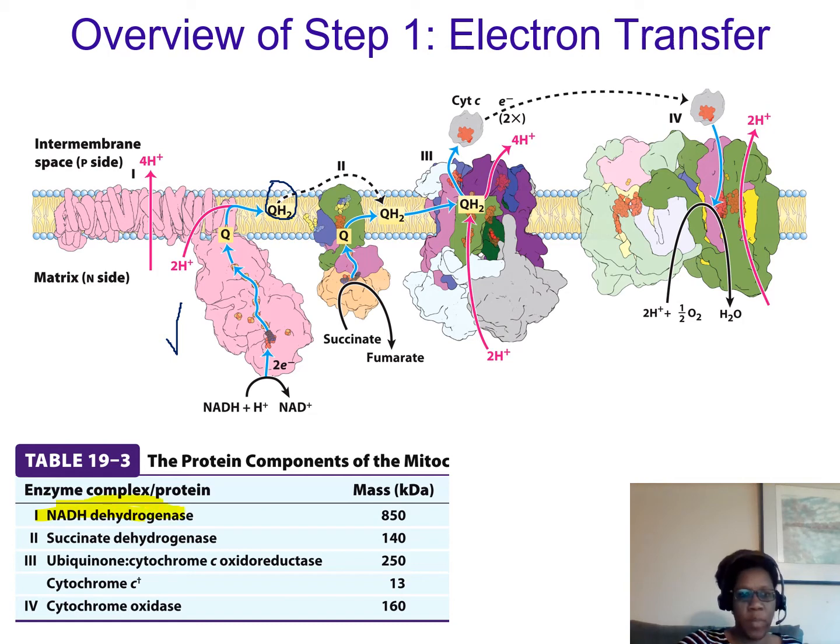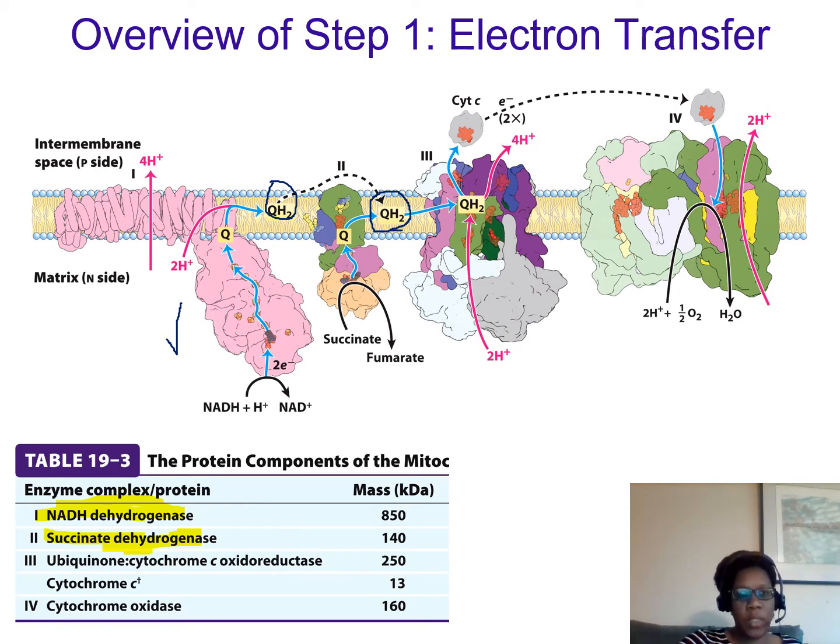It's a different complex in that it takes electrons from succinate and creates an FADH2, and then it eventually passes those electrons to QH2. So now we have 2 QH2s, one from complex 1, one from complex 2. And now those QH2s are going to pass electrons to complex 3.